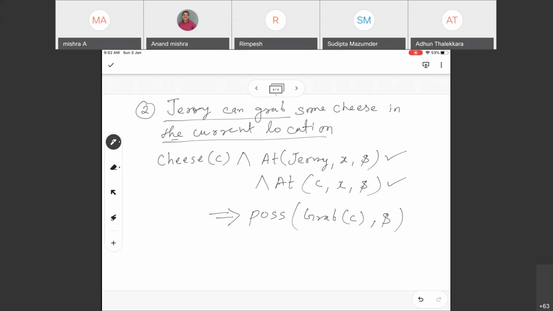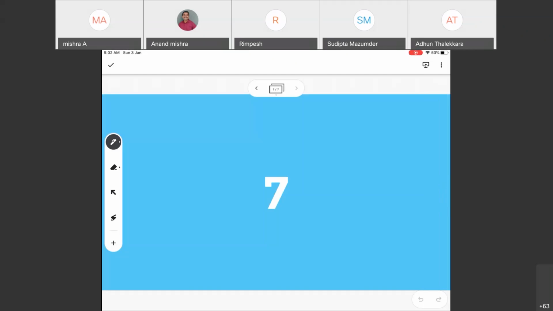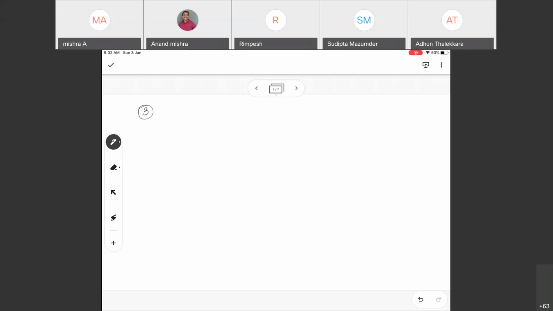Okay, so this is example 2 where we have seen the possibility axiom. The third example will perhaps make it more clear. Let's say Jerry can release some cheese that it is holding.